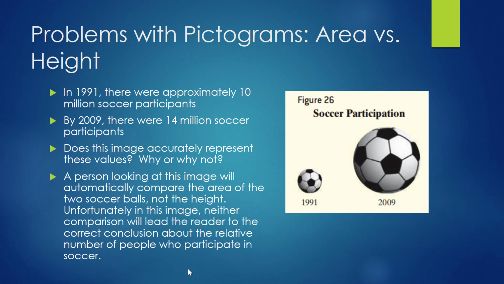A person looking at this image will automatically compare the area of the two soccer balls, not the height. Unfortunately, in this image, neither comparison will lead the reader to the correct conclusion about the relative number of people who participate in soccer, that is 10 million versus 14 million.